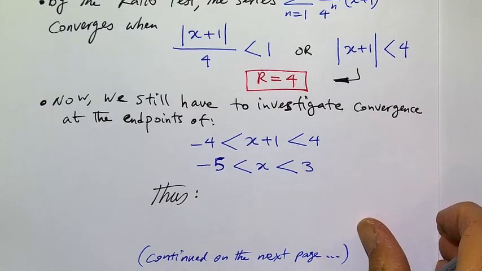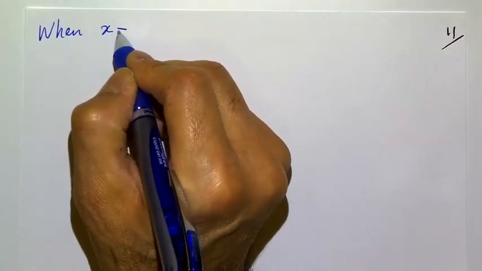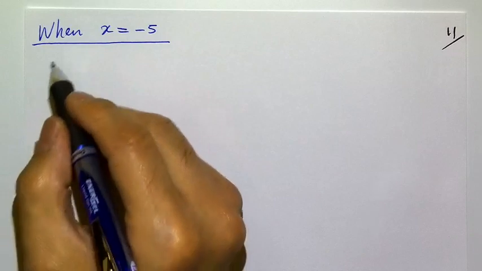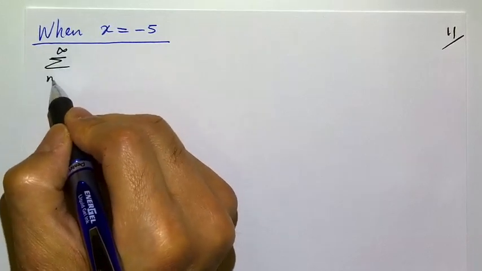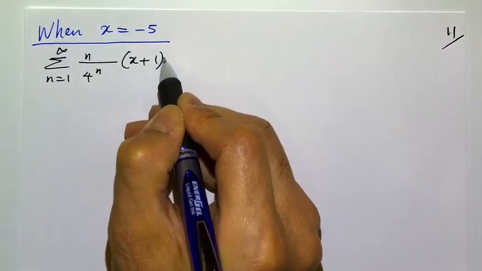Let me use another paper here. Okay, so when x equals negative 5, so this is what the series looked like when we started this problem.